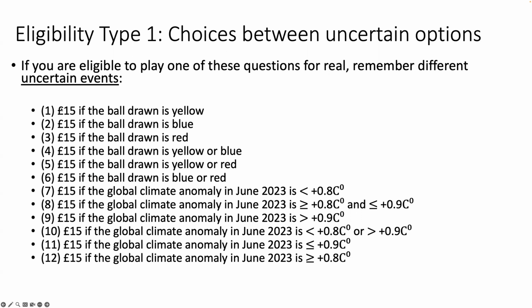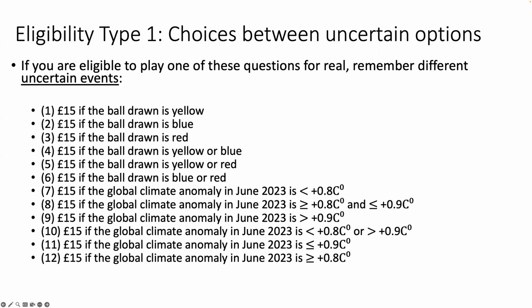So the 12 different options involve 2 types of uncertain events, actually. From 1 to 6, notice that the uncertain event involves the color of a ball drawn from a box. You didn't know the color composition of this box during the study, but we're going to reveal the composition to you on the next slide.